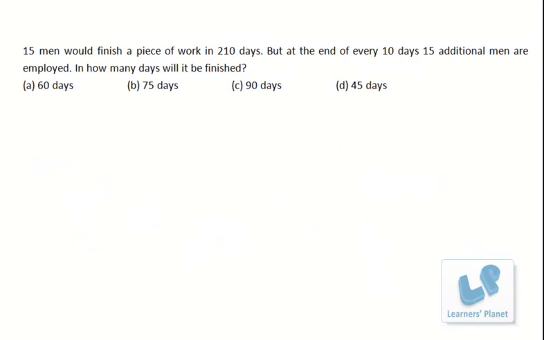Now let's try this problem. 15 men would finish a piece of work in 210 days, but at the end of every 10 days, 15 additional men are employed. In how many days will the work be finished? It's a simple man days concept. 15 persons are taking 210 days to get the work completed.